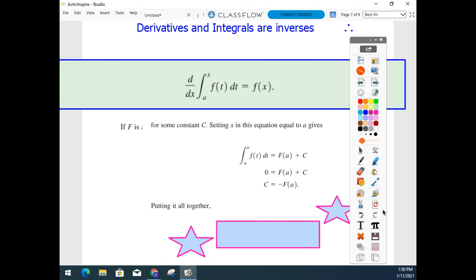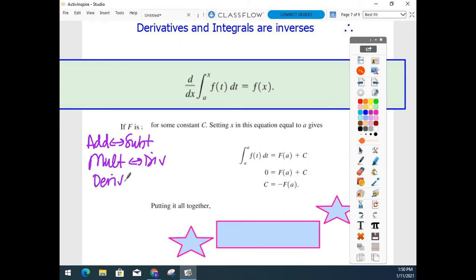has to do with inverses. Now I'm a really big believer in using inverses. So what do we have for inverses? Add and subtract are inverses because they undo each other in equations. Multiply and divide are inverses because they undo each other.